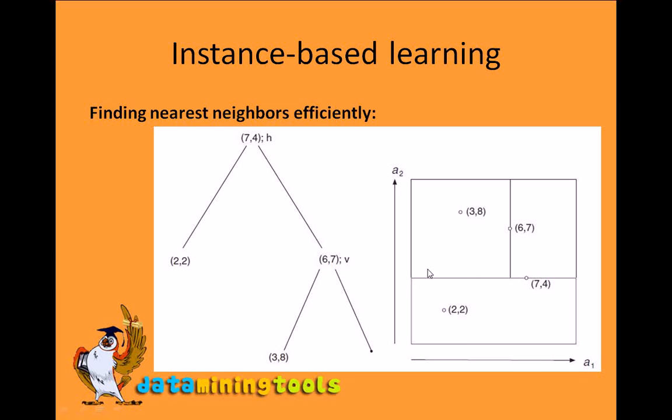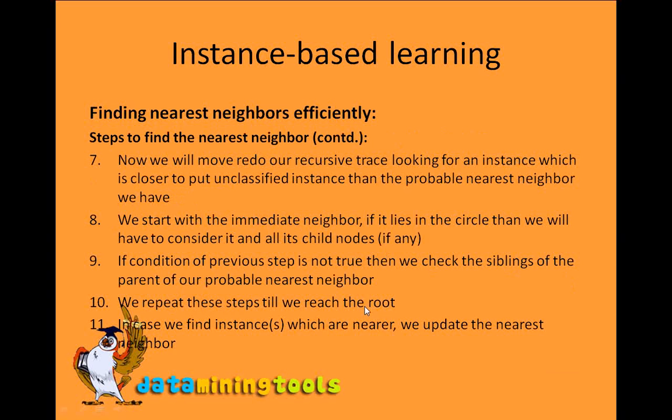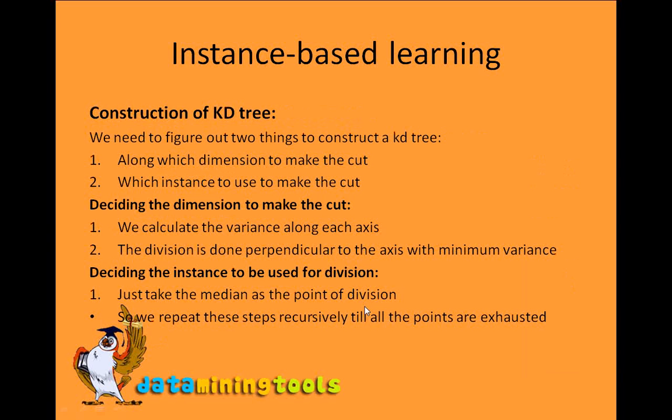Now we know that we need to do the division along an axis which is perpendicular to A2, but which point to use? We take the median of all the points which we have, that is 2 comma 2, 7 comma 4, 6 comma 7, 3 comma 8, and we do the division along the median of all these points, that is 7 comma 4 in this case, and we do this recursively till all the points are exhausted.